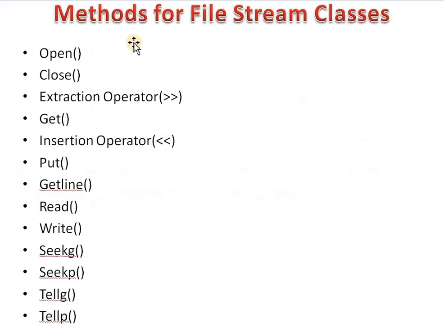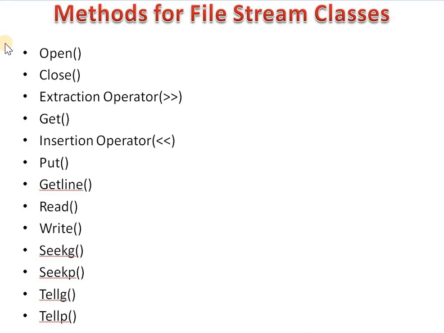There are different methods for file stream classes. In the last slide I explained that there are different classes, and those classes provide different methods for file stream operations. The first operation is open. The open method is used to open a particular file.